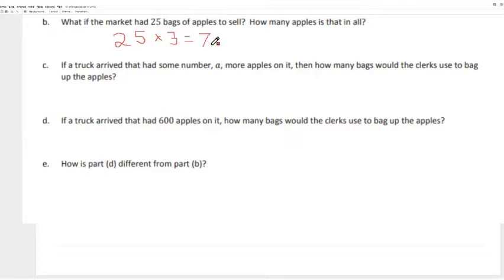That would give me 75 apples. Let's go ahead and write out apples because that's what's being represented by the 75. All right, so there you go. So if we're given 25 bags, we multiply the bags by 3, and that gives us the number of apples, which is 75 apples.